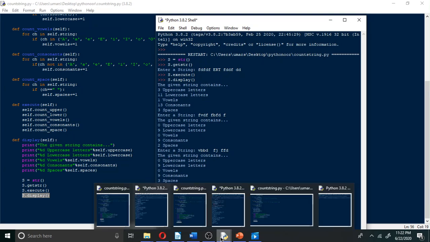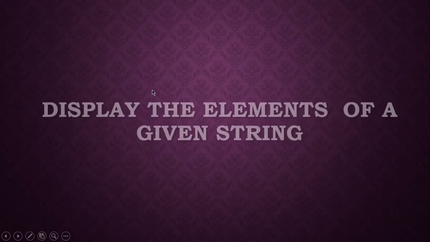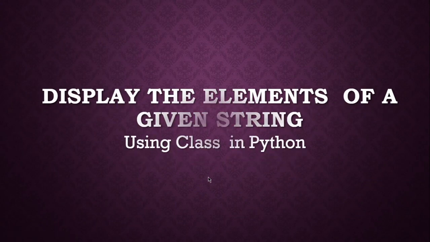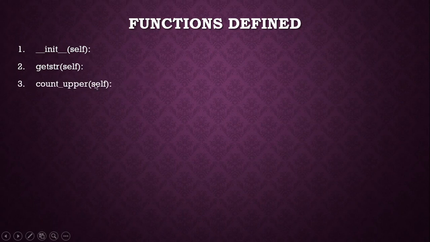Now let me explain how the Python program really does the process. Here you can see there are many functions. What are all the functions here? First is the init function, which initiates all the values like a constructor, and then the getString function to get the input from the screen, and this is the count upper function that counts the uppercase characters.